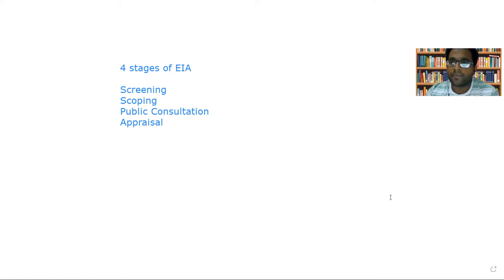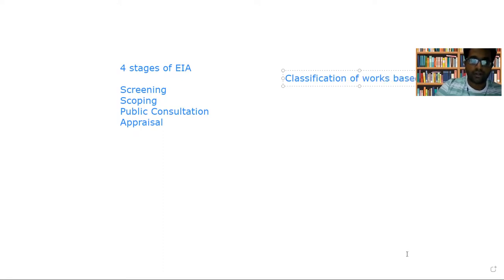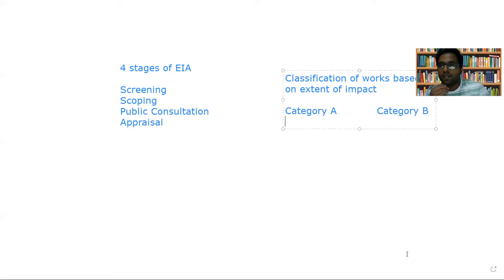Okay, now based on the extent of impact, there needs to be a classification of works based on extent of impact. So based on the extent of impact, the works can be classified as category A and category B. This is how the works are classified.